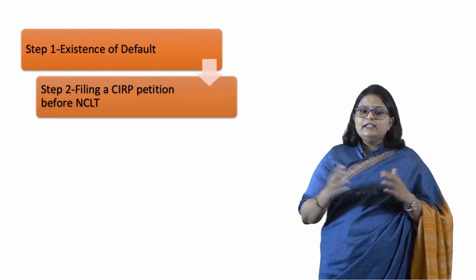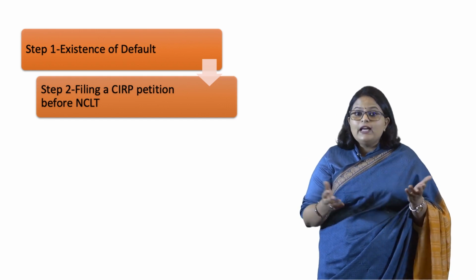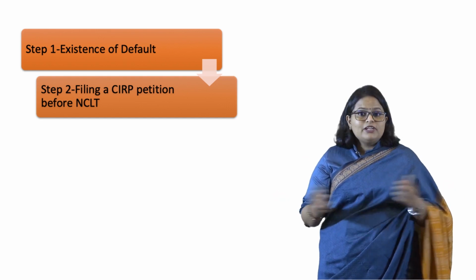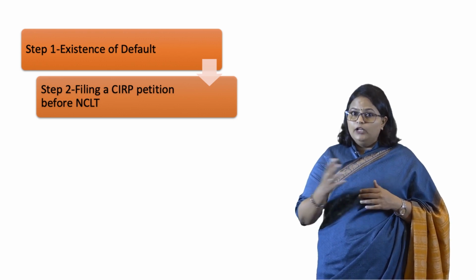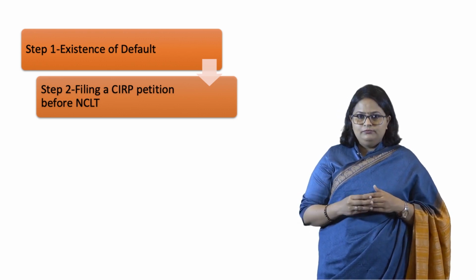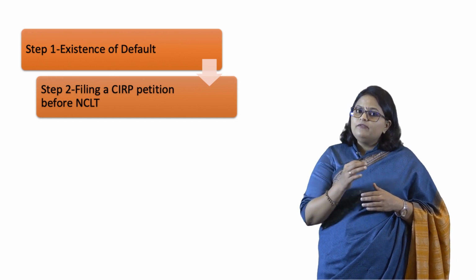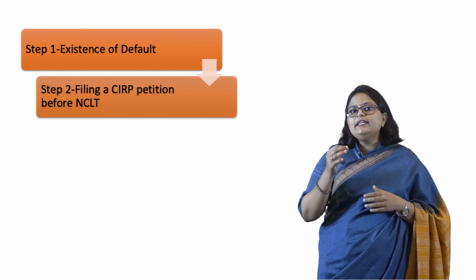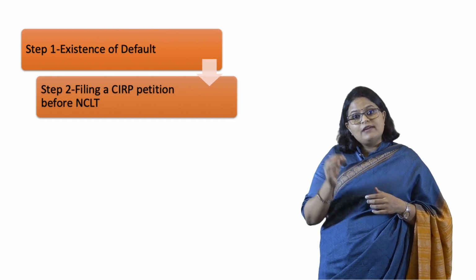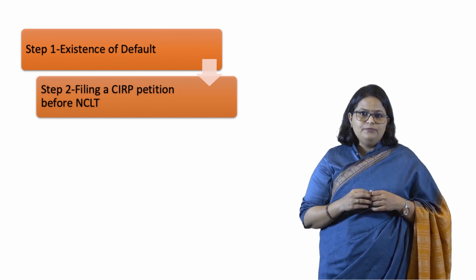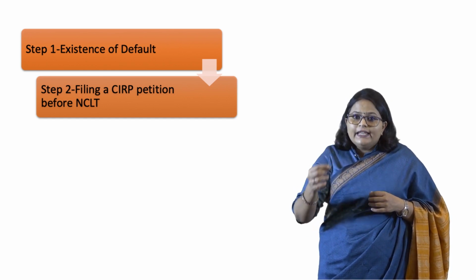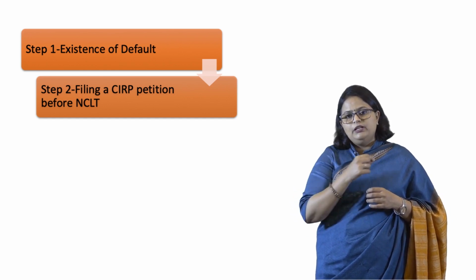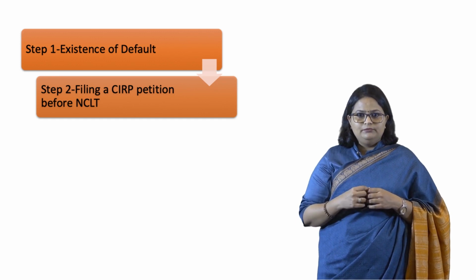Where the NCLT is satisfied that the default has occurred and the application is complete, it will admit such application, otherwise it may reject it. However, in case of rejection, the NCLT gives a period of 7 days to rectify the application. The CIRP shall be set to commence from the date of admission of the application by NCLT.